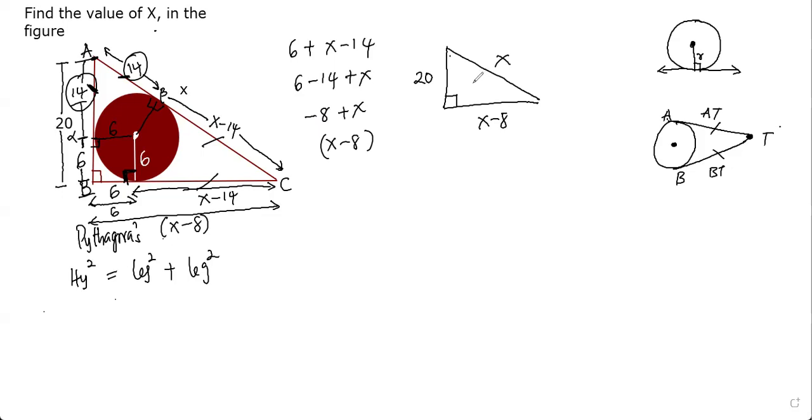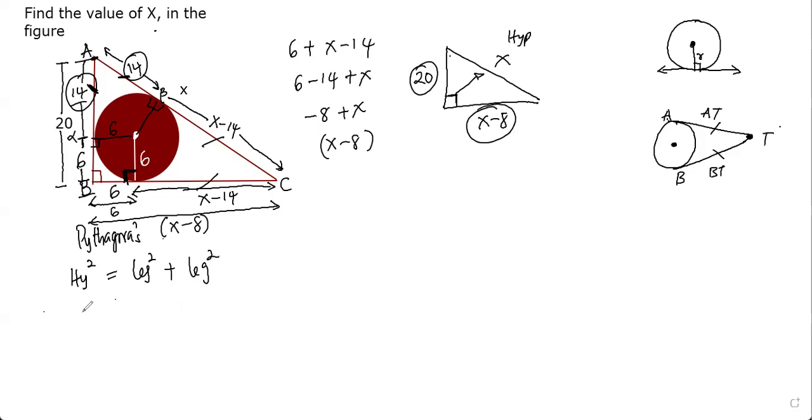Now, like I said earlier, when I see a right angle triangle, I think of Pythagoras theorem, which says hypotenuse square is equal to the leg square plus the other leg square. So here is my hypotenuse, which is the longest side of the triangle, the side opposite the 90 degrees, and all these sides are just the legs of the triangle.